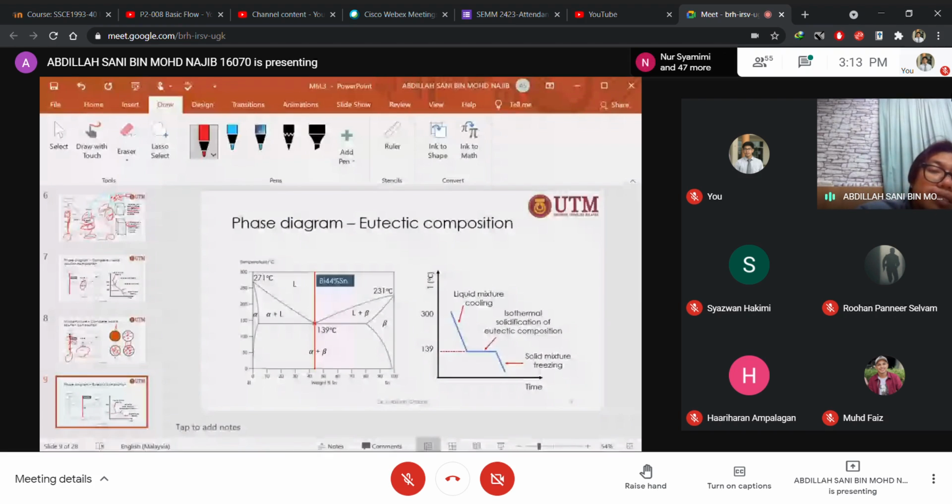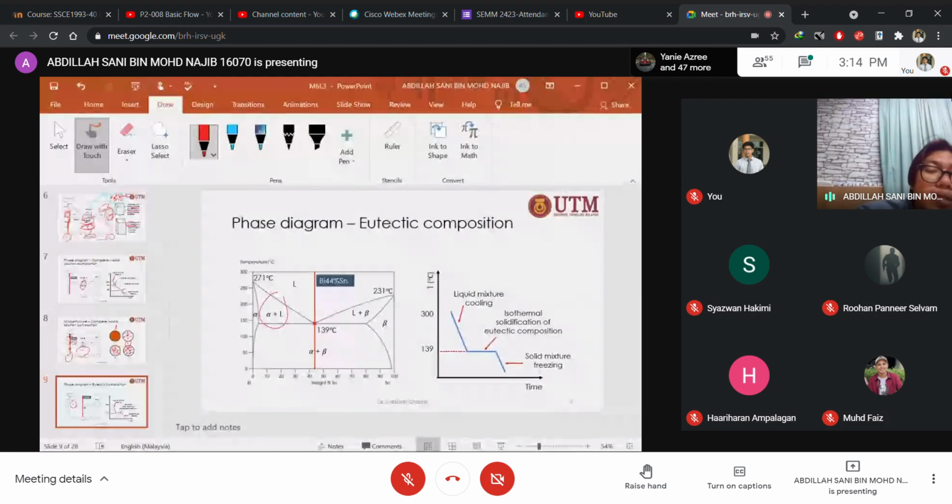this liquid and this liquid, there is no intermediate liquid plus solid. Like this one has liquid to liquid plus solid.